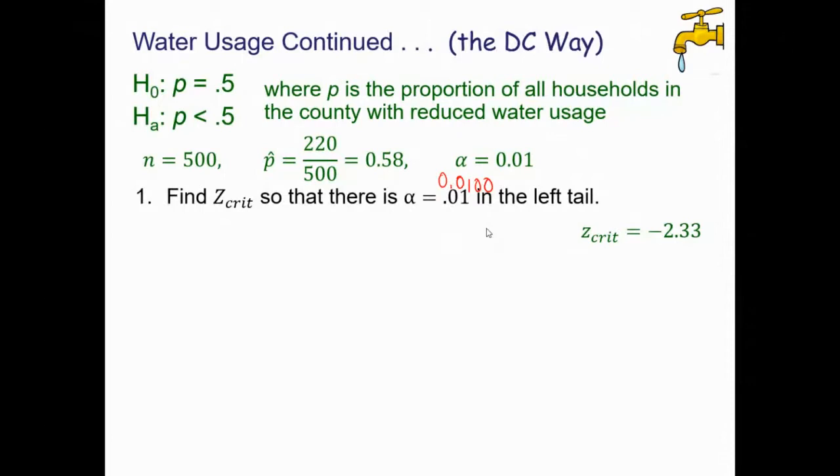So now we need to identify our rejection region. Well, what would our region be to reject? If our calculated z is what compared to negative 2.33?